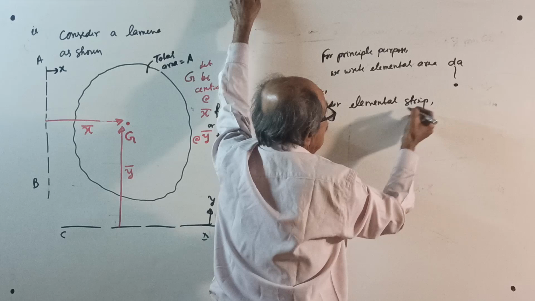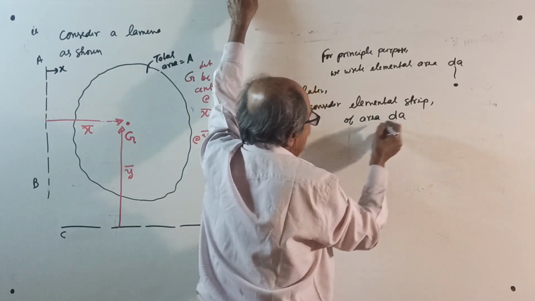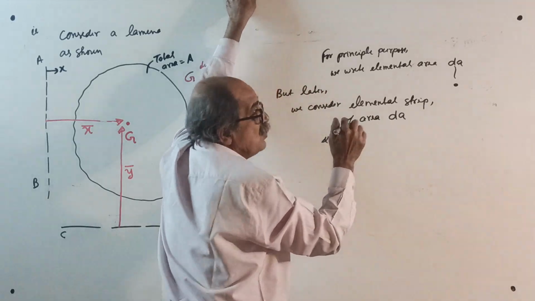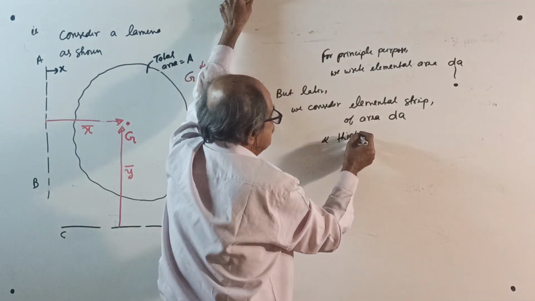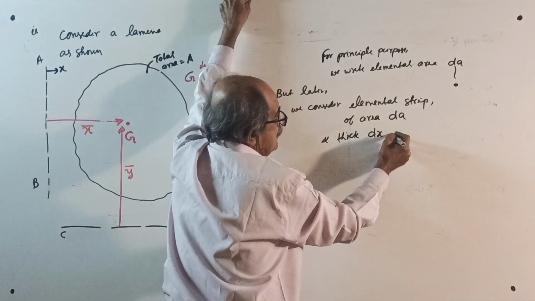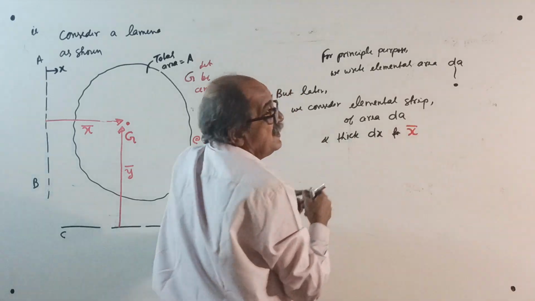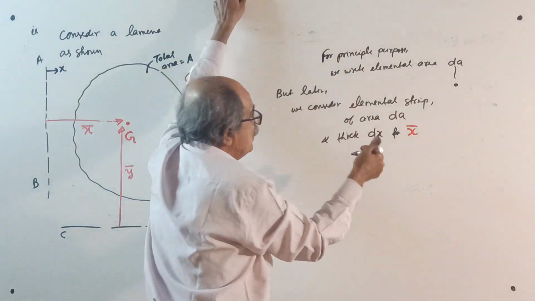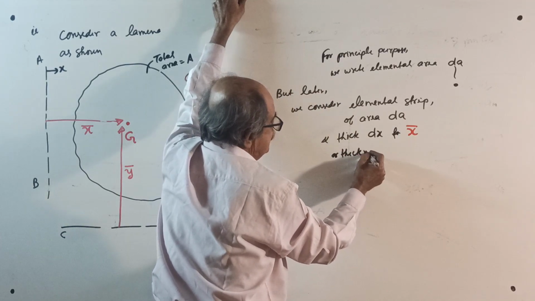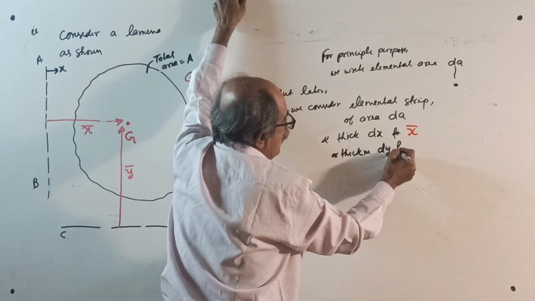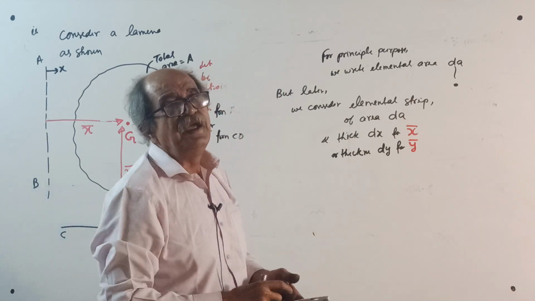Once again remember, of area dA only, and thickness means not this perpendicular thickness, but in the strip, thickness dx for x bar, or thickness dy for y bar. But very important, it should be elemental.